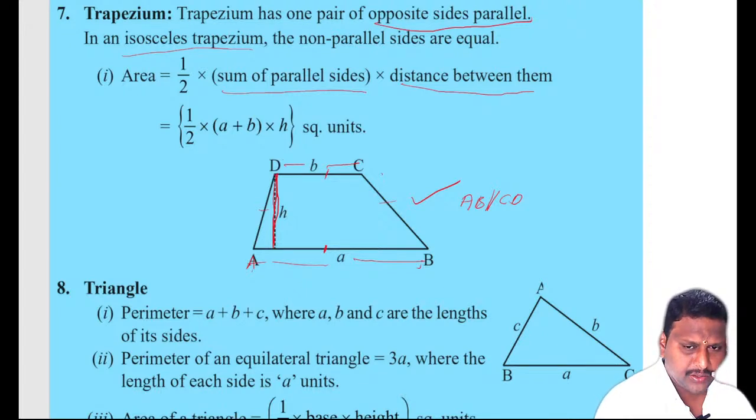A perpendicular line drawn from one vertex to the opposite side is called the height of that shape. Therefore, the area of a trapezium is half into sum of parallel sides into height, or half into A plus B into H square units.